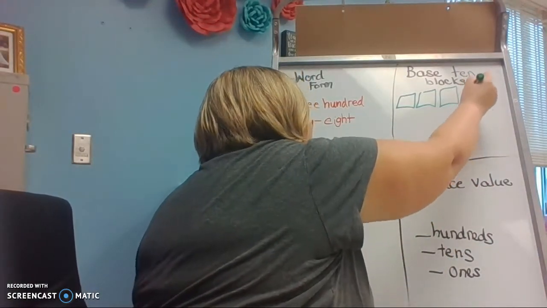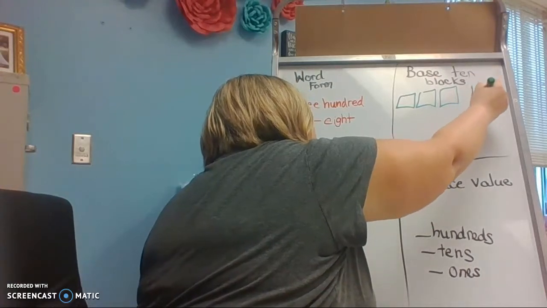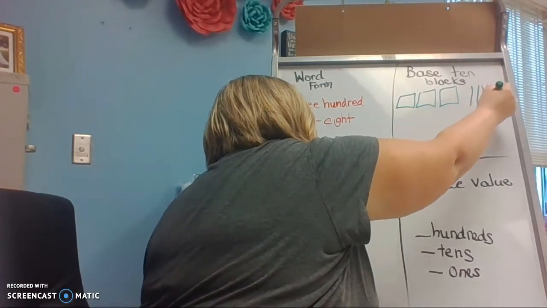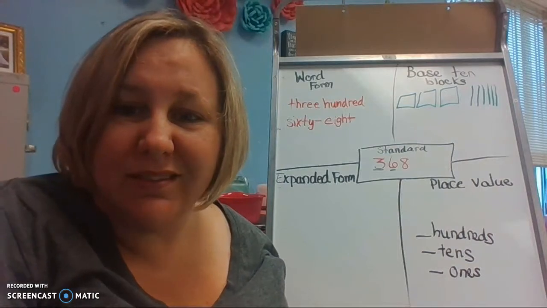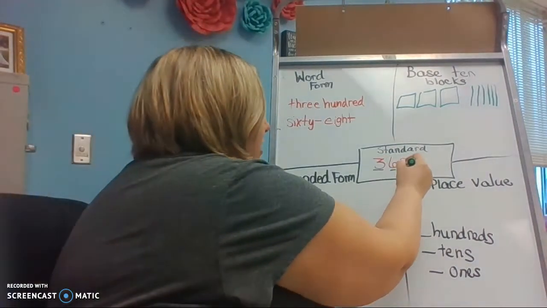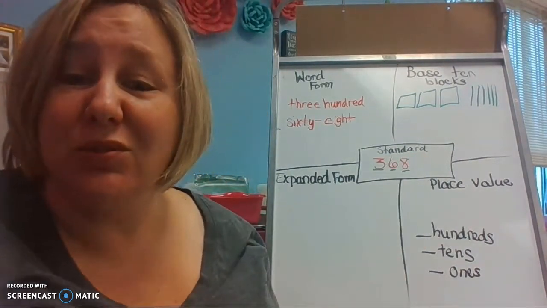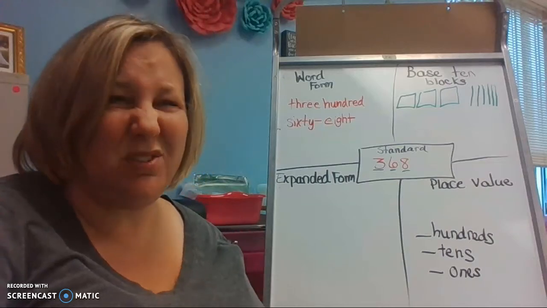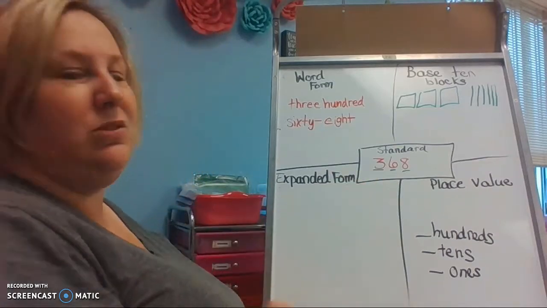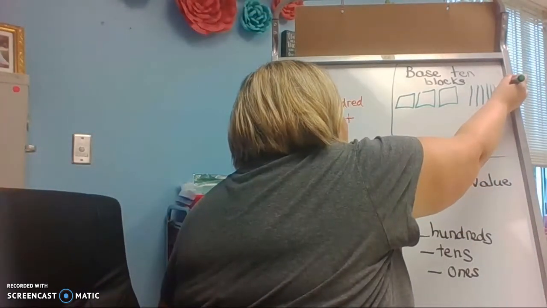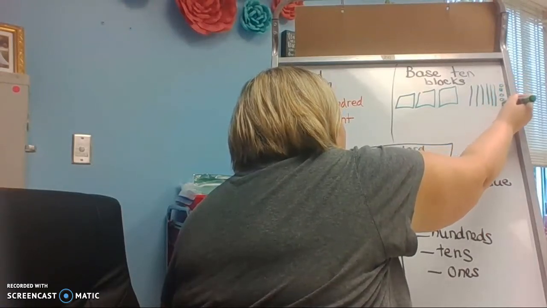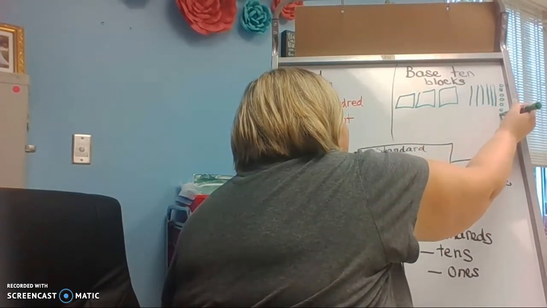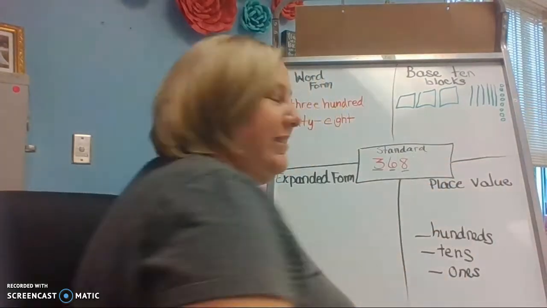So 10, 20, 30, 40, 50, 60. And how many 1s? That's right, I have 8 1s. Remember, I use circles to draw my 1s so I don't get them confused with my hundreds. So I'm going to draw 8 circles. 1, 2, 3, 4, 5, 6, 7, 8.